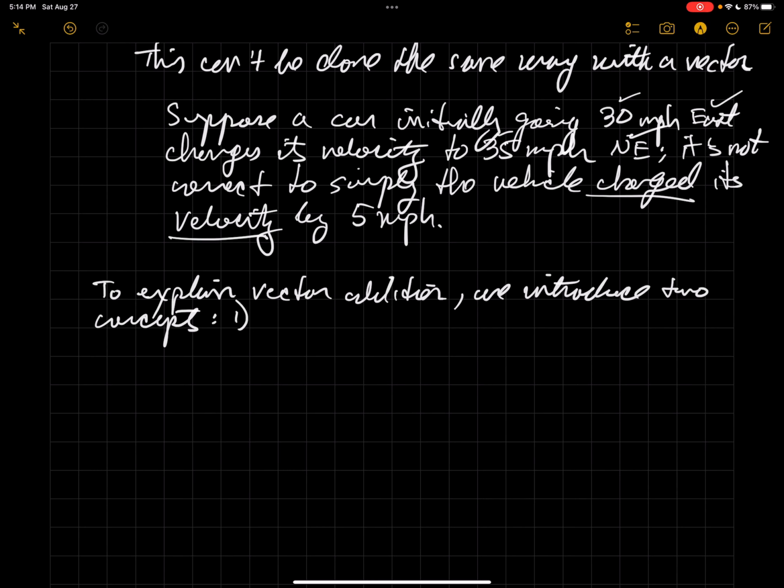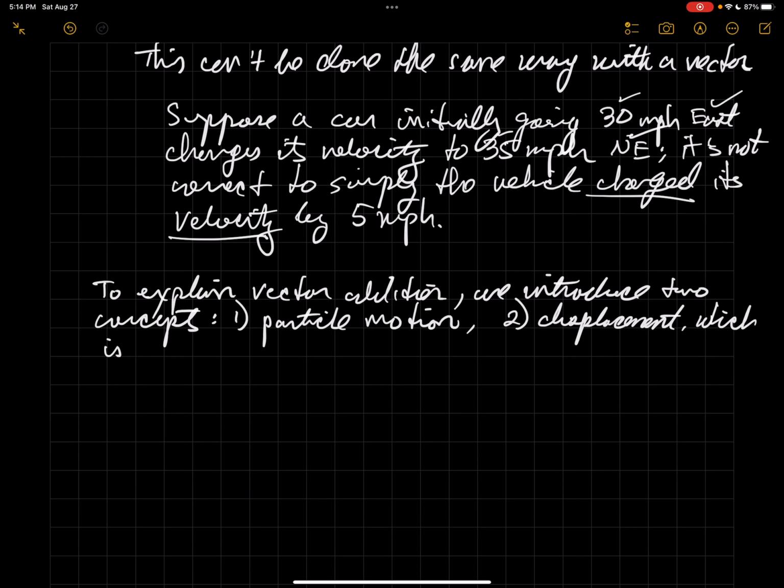The first concept is what we refer to as particle motion, and the second concept is what we call displacement, which itself is a vector. And we'll talk more about both of these concepts, including especially displacement, much more as we go on.